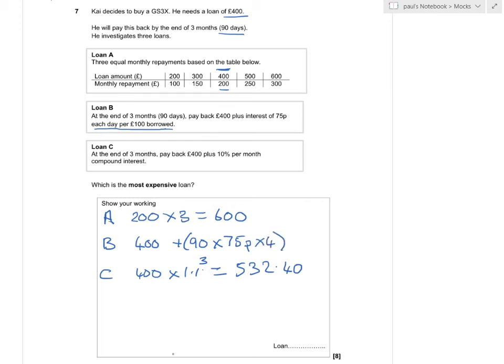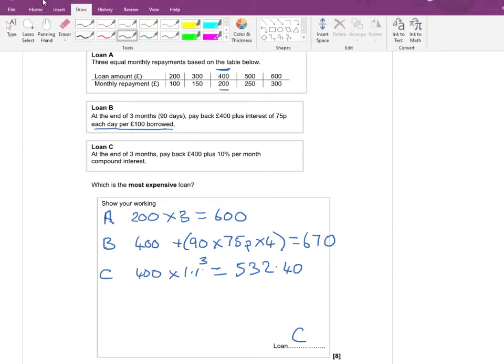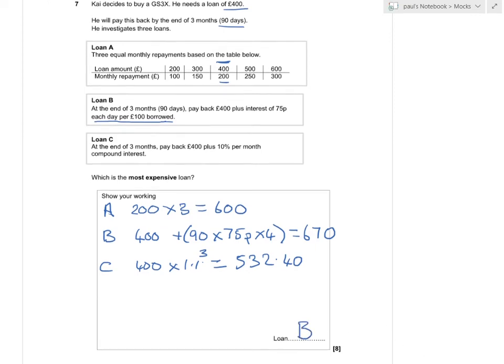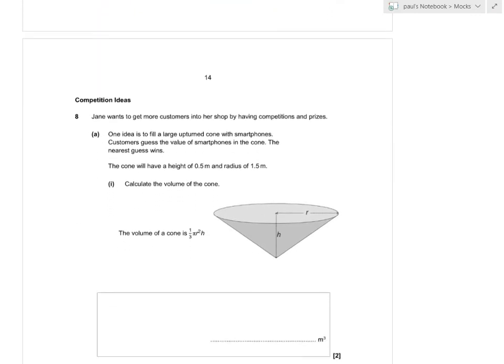So we've got 90 times 0.75 times 4 is 270, plus the 400 makes 670. So the cheapest one is loan C. But we're not asking that, are they? It's the most expensive. The most expensive one is loan B. Backwards question. Why do they want to catch us out?